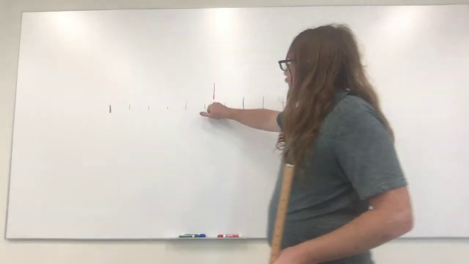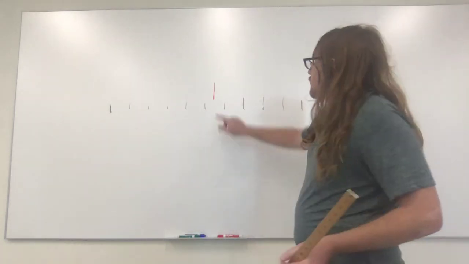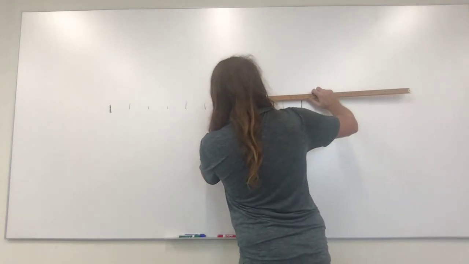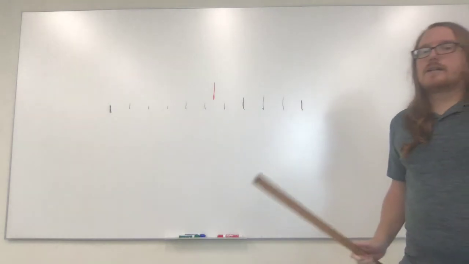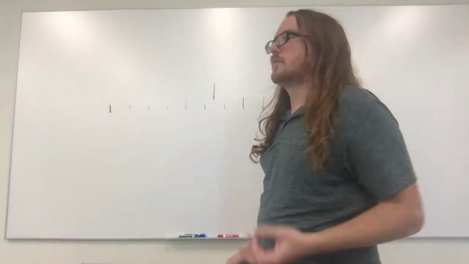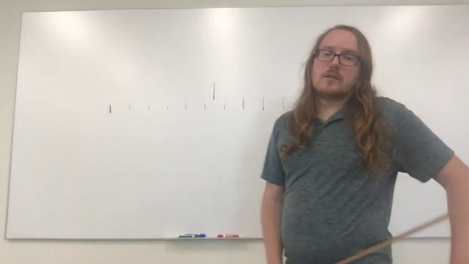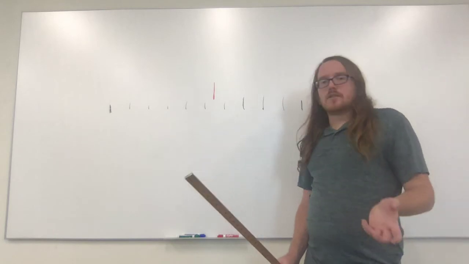or the object is very fat compared to what you're trying to measure. So, if I'm trying to measure the center of this line, the line itself is, I don't know, half a centimeter wide. So that can make it harder to estimate accurately a tenth of a division or something like that.